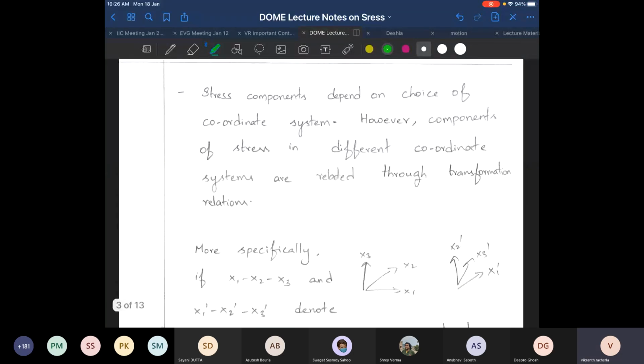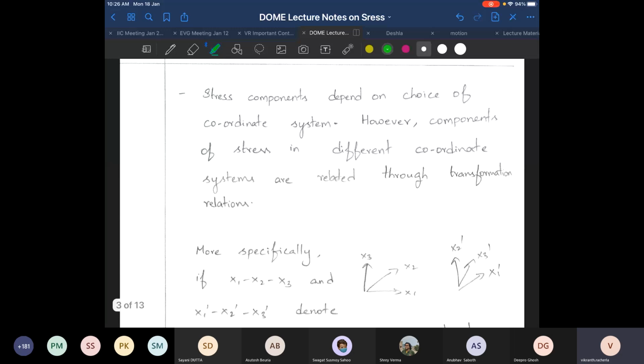Next. If you take components of a tensor, whether it is a first order tensor or second order tensor, will the components be independent of coordinate system or will they depend on coordinate system? Let us take a simpler situation. Let us say these are the 3 axes, x1, x2, x3.